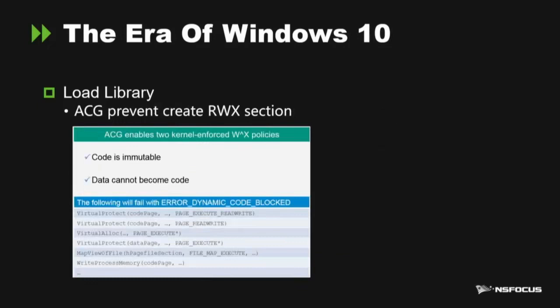So the next mitigation is ACG, which will prevent the creation of the RWX section. If ACG is enabled, when you load such a .NET native image, it will fail to create such a section.